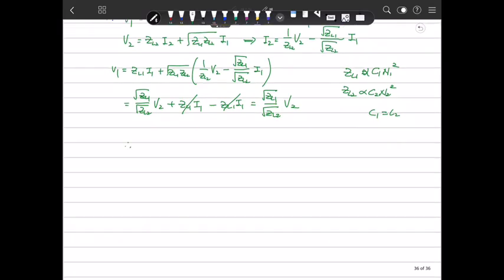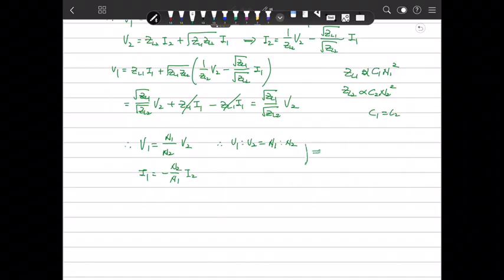Therefore, V1 over V2 is N1 over N2, and I1 is minus N2 over N1 times I2.